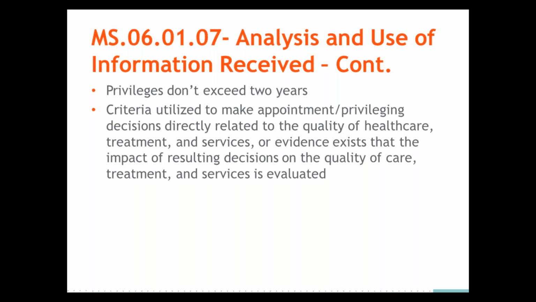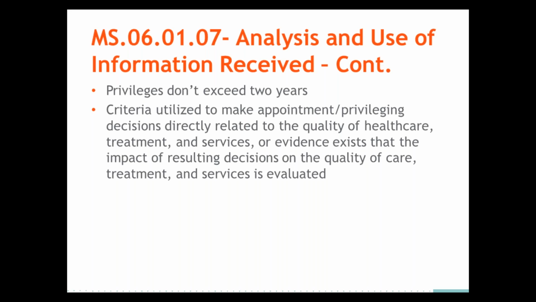So if you're going to have specific criteria like that, in one element they say that the criteria has to be directly related to quality healthcare treatment or services. And then the one right under it says, but if it doesn't, then there has to be some kind of evidence existing that you've looked at the impact of that resulting decision on how that care is going to be provided. So they don't say that you can't use it.